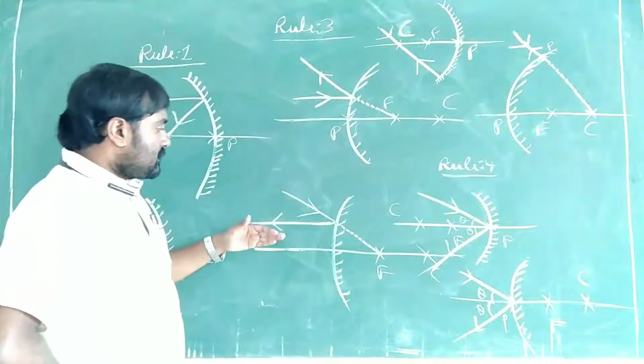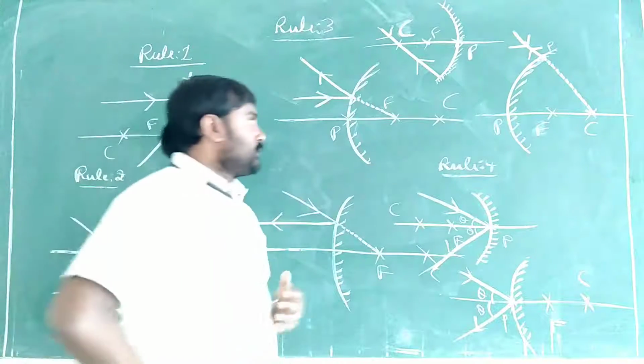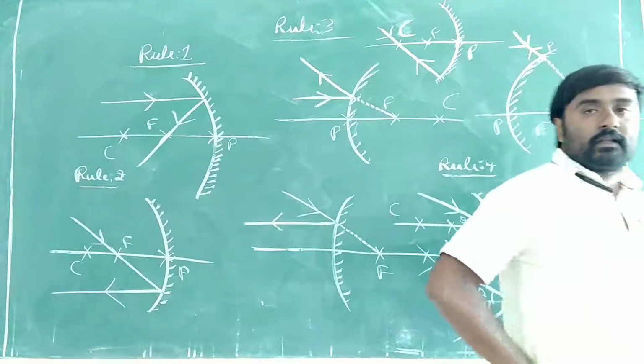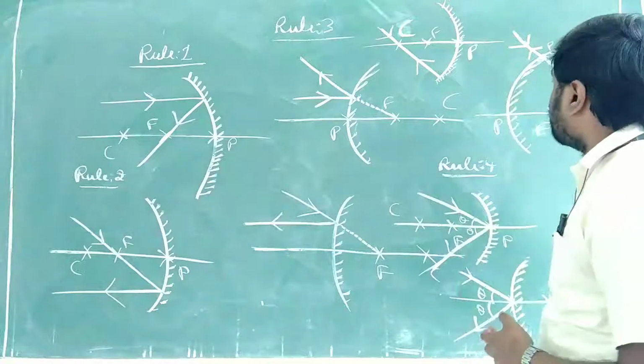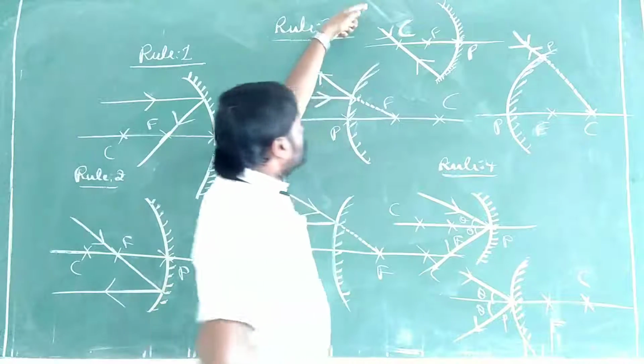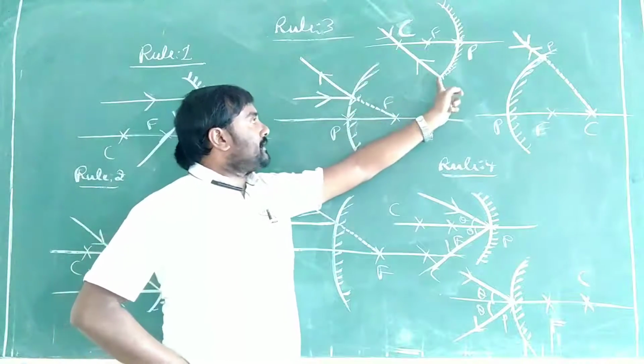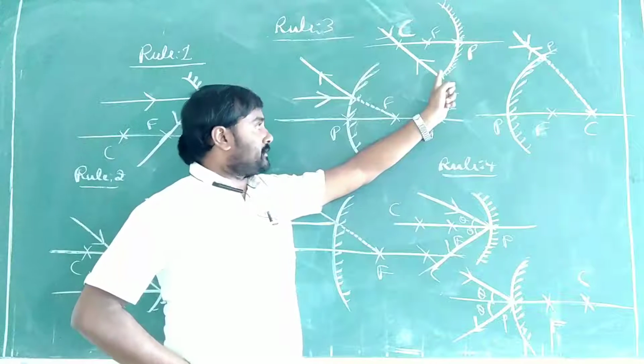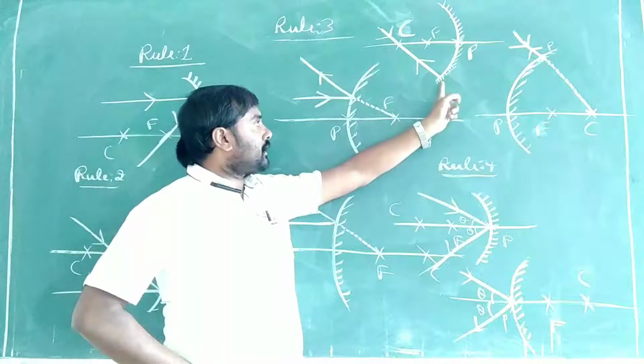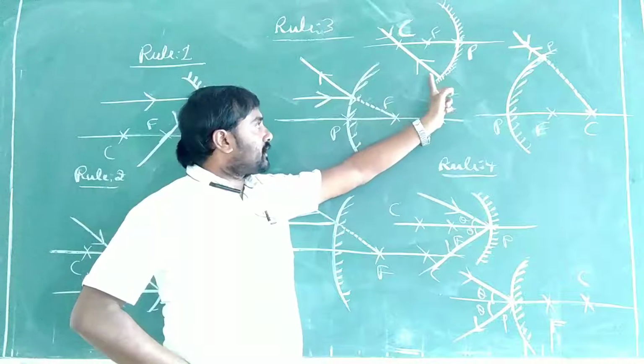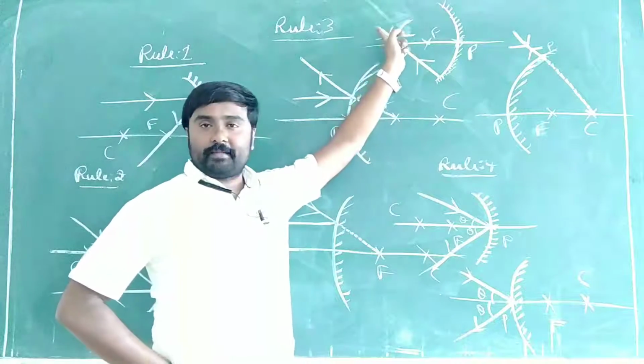So this is rule number 2. The next one: whenever the ray of light passes through the center of curvature and is incident on the silver surface, after reflection, the reflected ray retraces the same path.